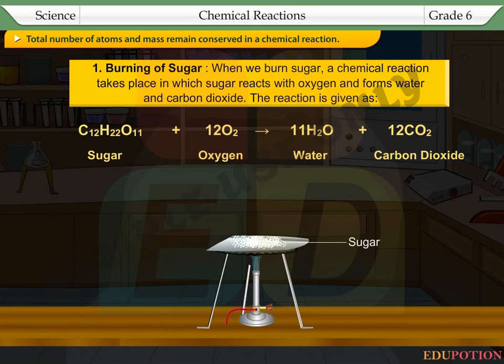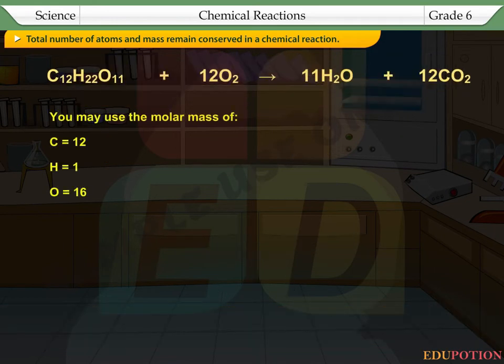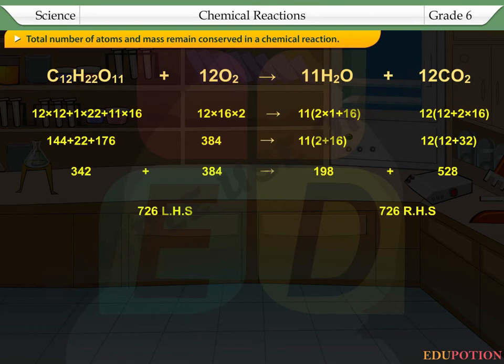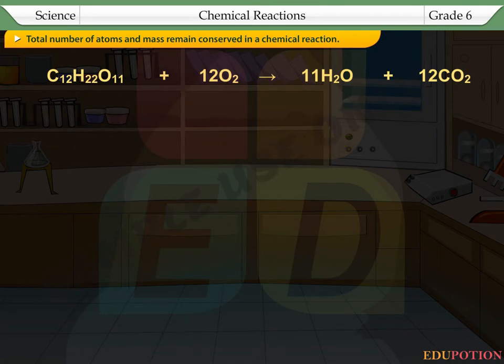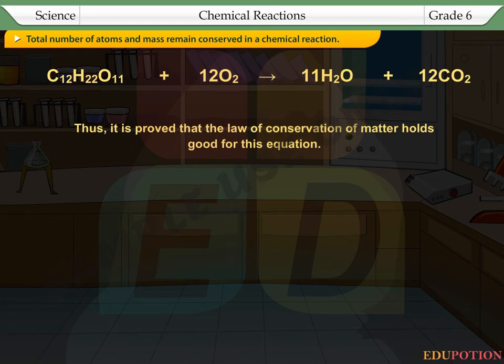Now let us see whether this equation follows the law of conservation of matter or not. Thus it is proved that the law of conservation of matter holds good for this equation.